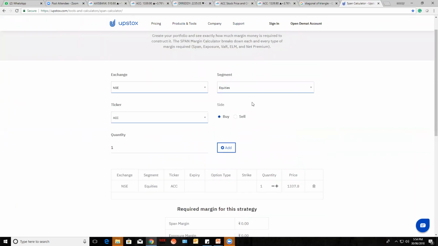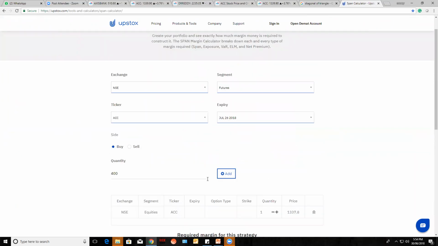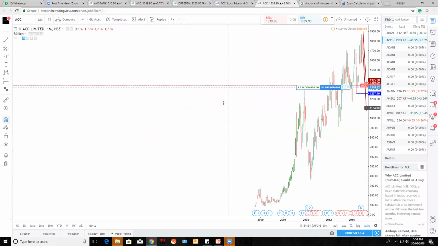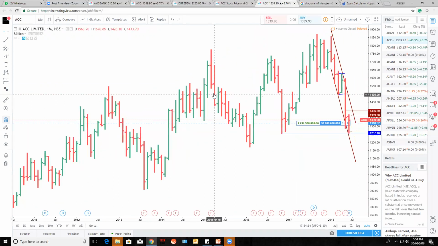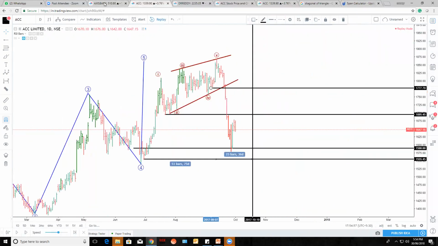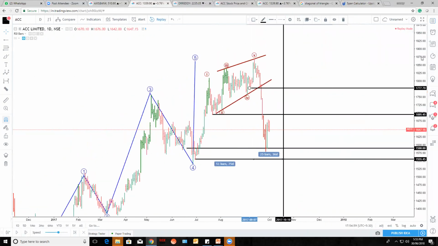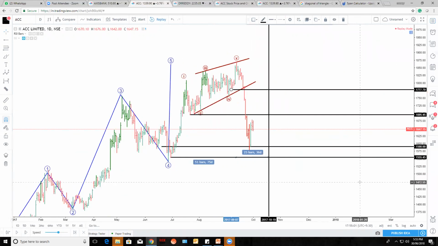What is the lot size? 400, right? 400 is the lot size, and 177 points, more than 170 points, is your target. 177 points within 5 days. So it may turn your capital to 100% or 150%, guys.